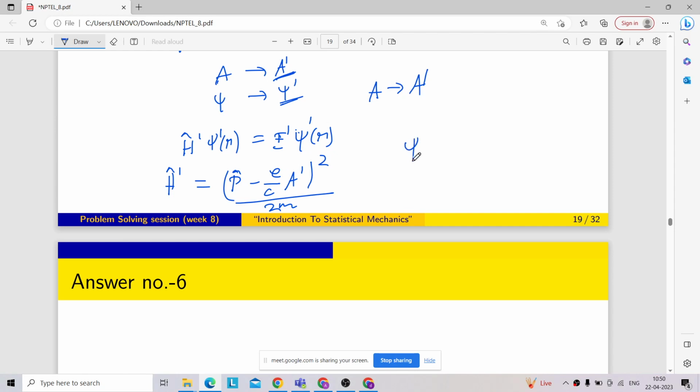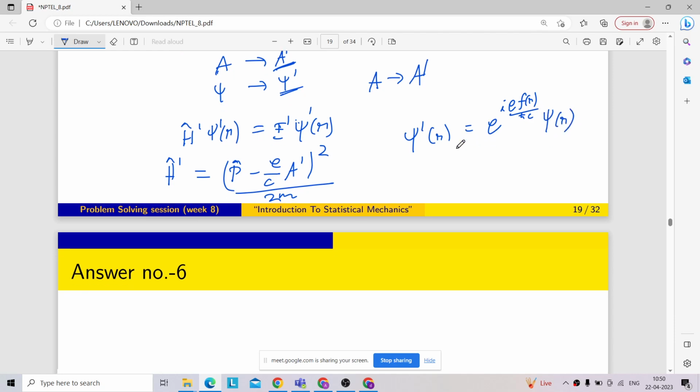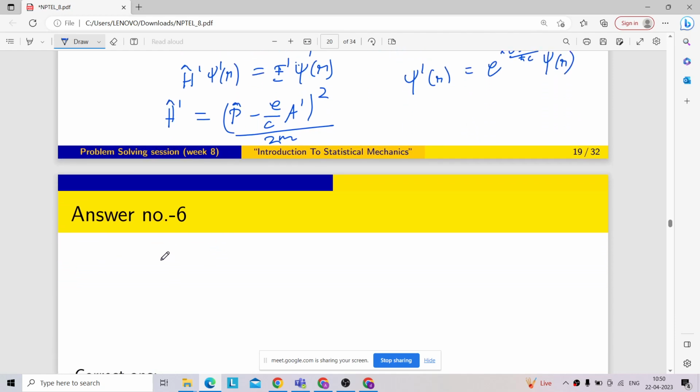And my psi prime of r is nothing but e to the power i e f of r over h cross c into psi of r. So let's check what is H prime psi prime of r.